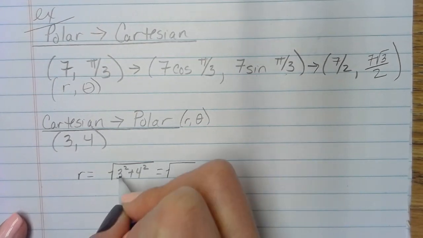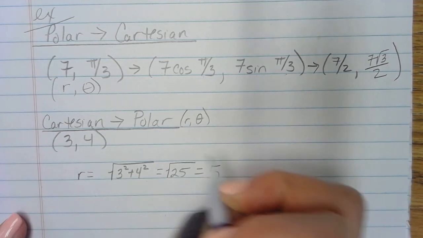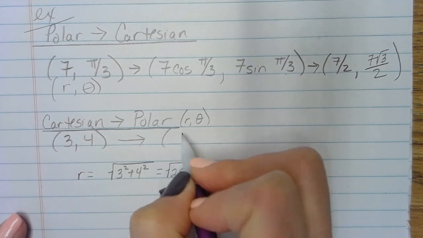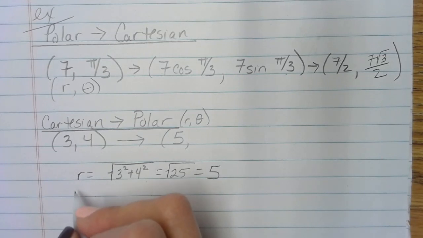That's the square root of 9 plus 16, which is 25, which makes r 5. So the radius of that circle would be 5. That should make sense. You should see a 3, 4, 5 right triangle, and the radius is the hypotenuse of that triangle. But then how do we find theta?